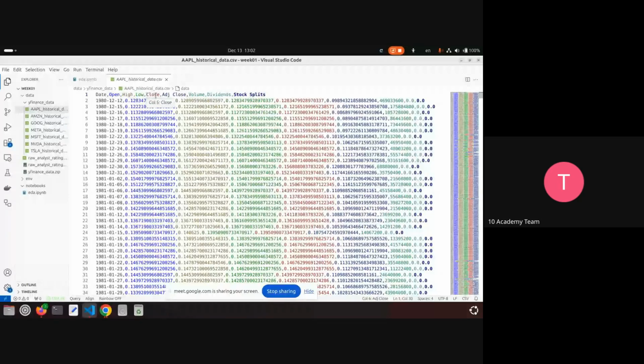This is the price of the stock at open, the highest point, the lowest point, and the close. Each row is a data point on a particular date. This is a data point the day after, and so on.